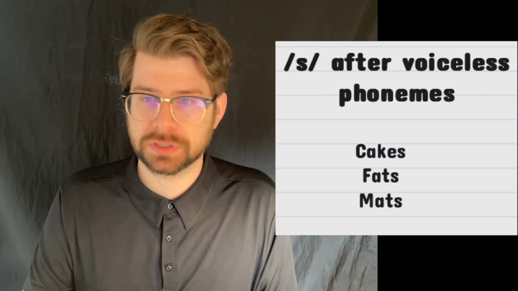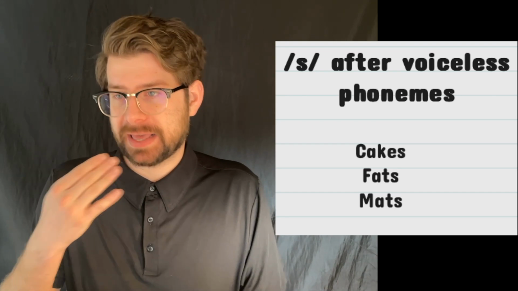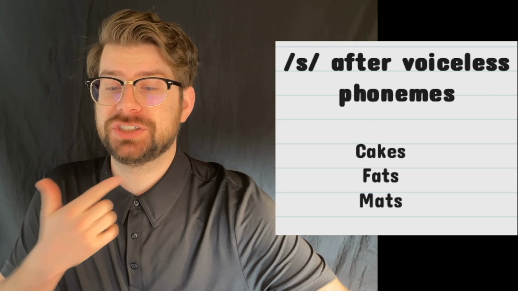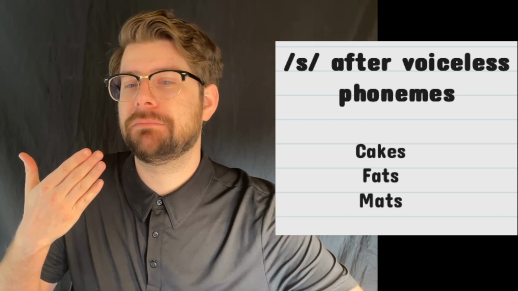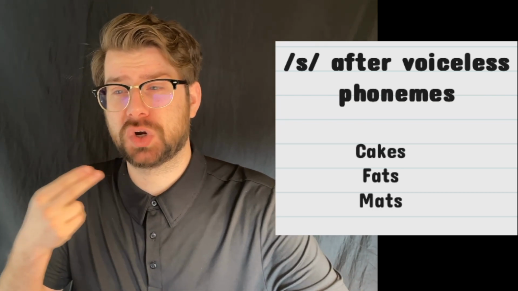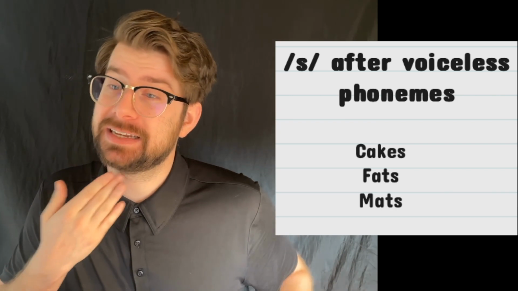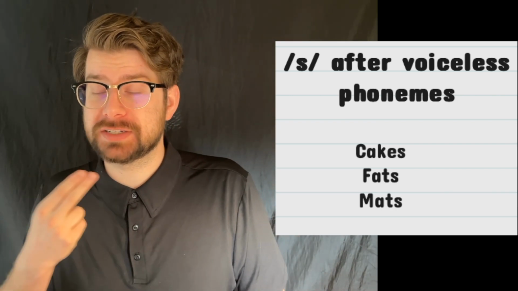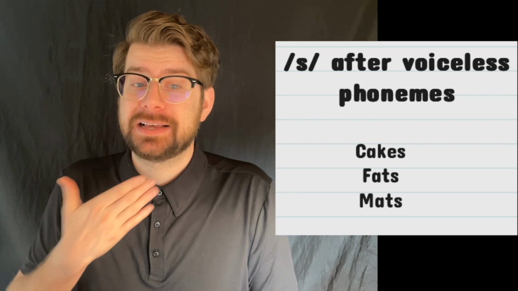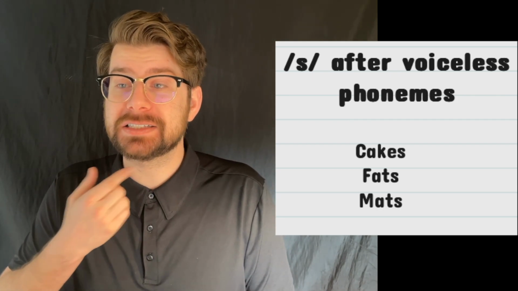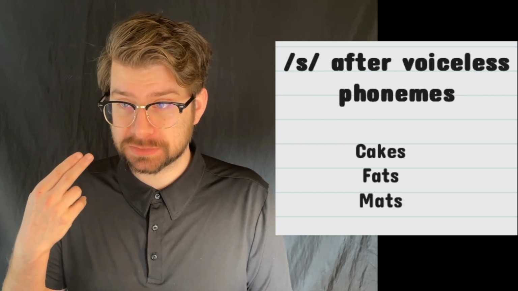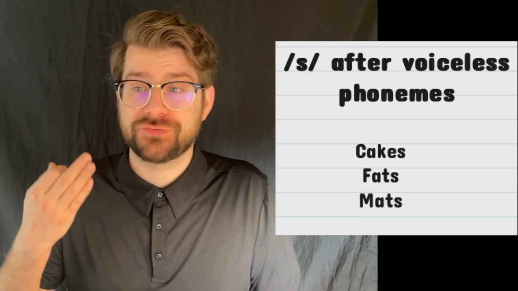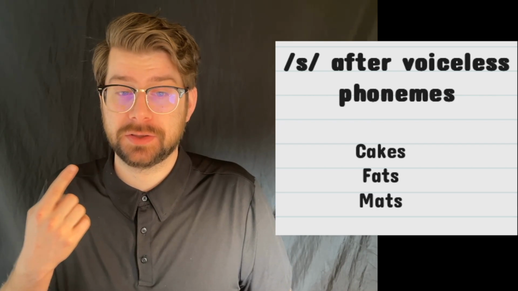And now we can talk a little bit about pluralization, but really it's more just words that end in S in English. So we say words that end in voiceless phonemes, like f and s from the previous slide.